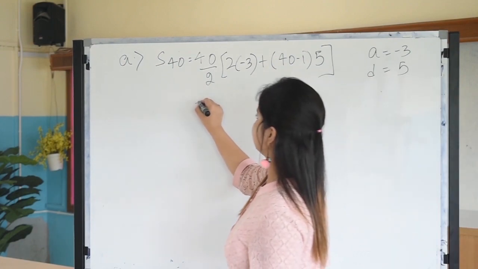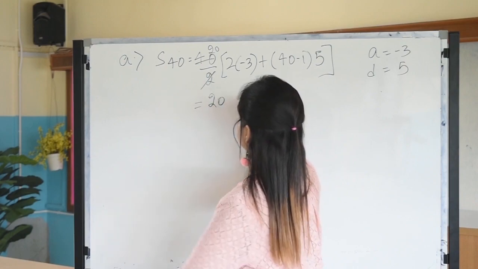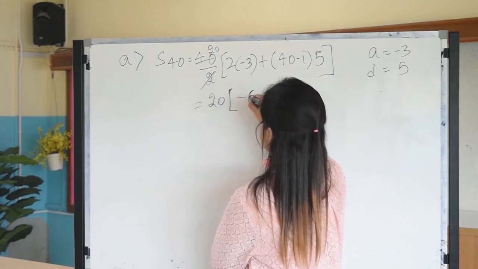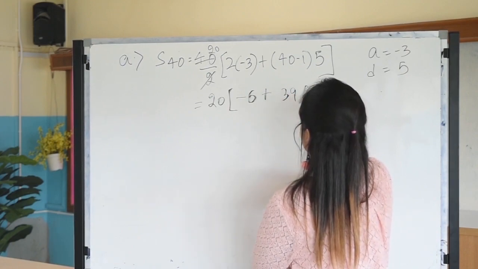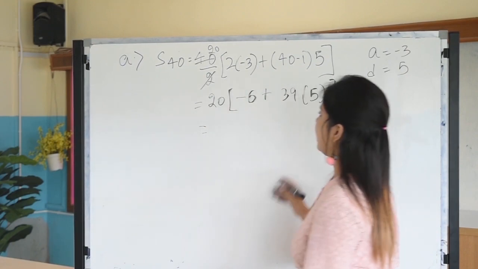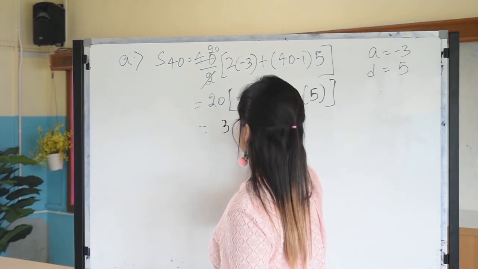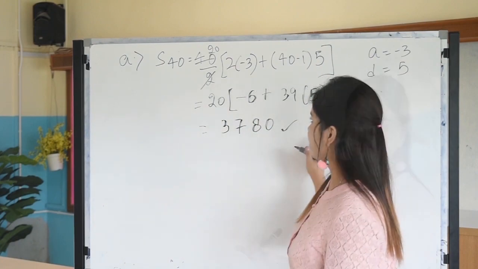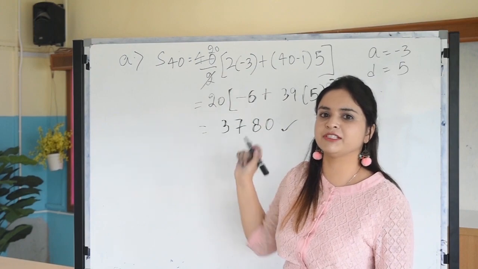Okay, simplify this. 20 times minus 6 plus 39 times 5. When you simplify this, you will get the value 3780. Now this is my S40, which is the sum of the first 40 terms.